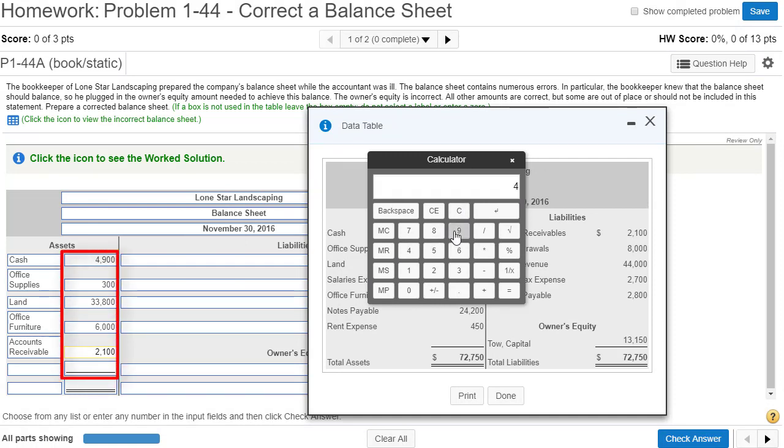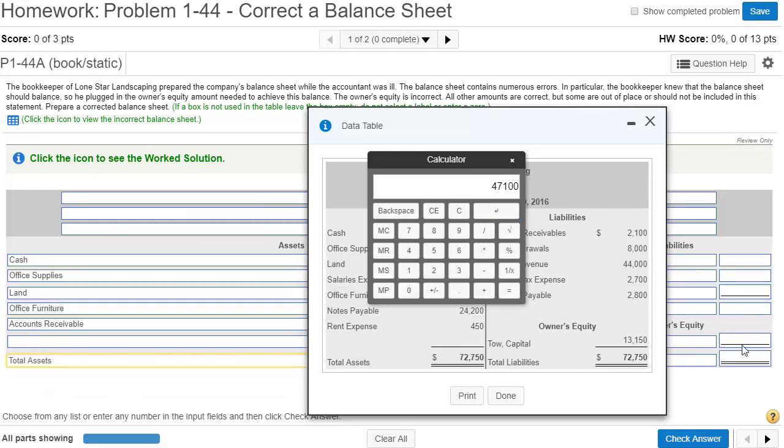So now I need to add these up. So I've got 4,900 plus 300 plus 33,800 plus 6,000 plus 2,100 gives us $47,100 of total assets.